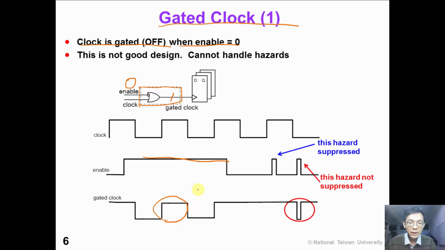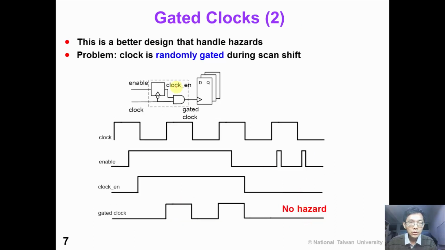However, this is not a very good design, because we can have hazards coming out from this enable logic. If we have hazard, then we can have hazard at the gated clock output, which is not a very good thing. So we should change our clock gating circuit in this way.